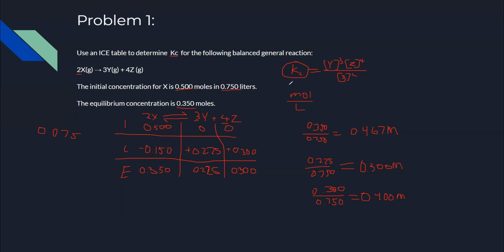You then use the Kc equation. So Kc will equal 0.3 cubed times 0.4 to the fourth, divided by 0.467 squared.